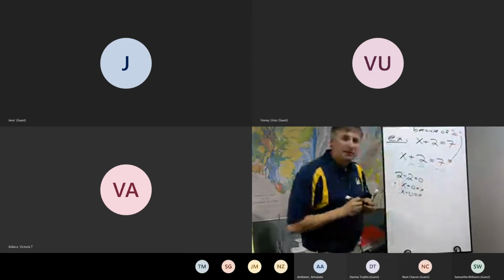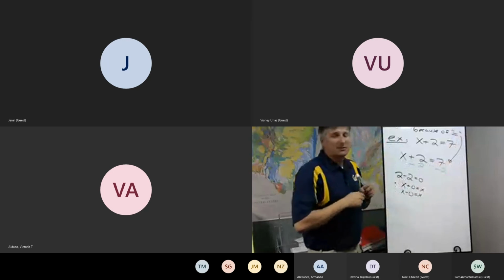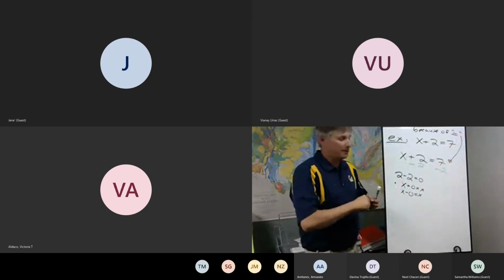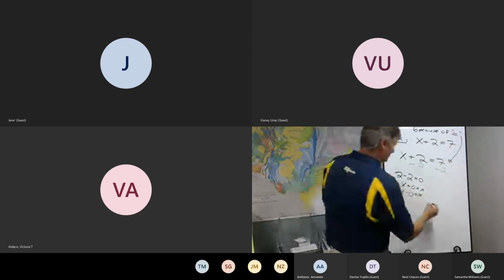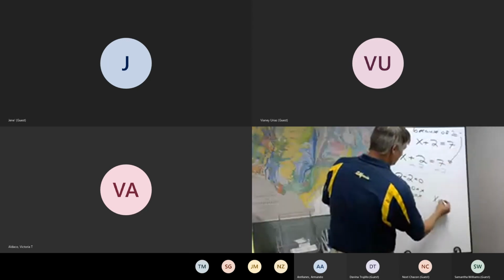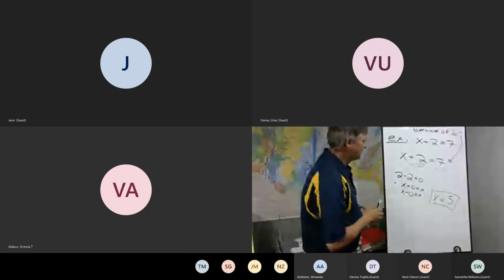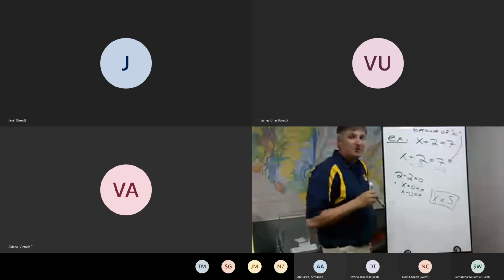We subtracted 2 from the other side because of the equal sign. If we take away 2 pounds on the left, if we take away 2 pounds on the right. Questions about that?